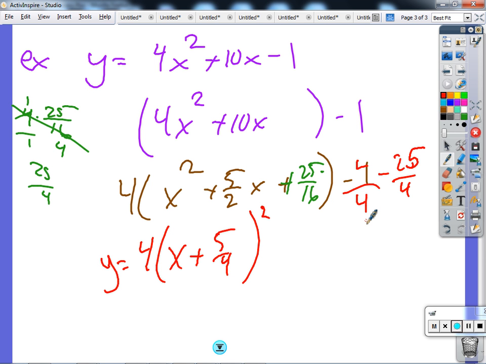Isn't 1 the same thing as 4/4? Subtract the fractions, because now I have a common denominator, so that's negative 29/4. Now that one wasn't fun, but it's not as bad.